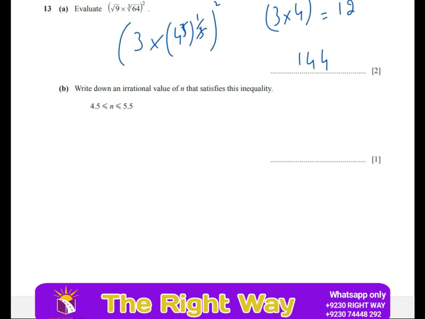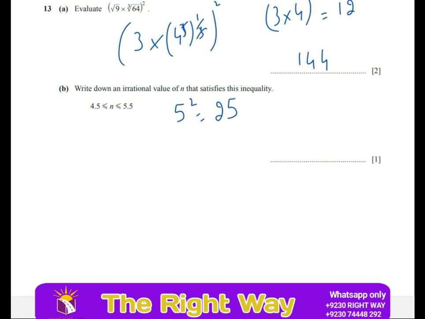Part B. Write down an irrational value of n that satisfies this inequality: 4.5 is less than or equal to n, and n is less than or equal to 5.5. I know that 4.5 and 5.5 contain the number 5 between them, and the square of 5 is 25.